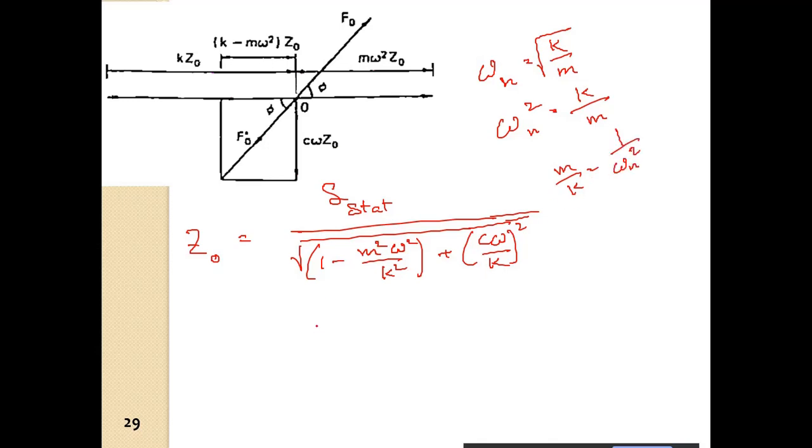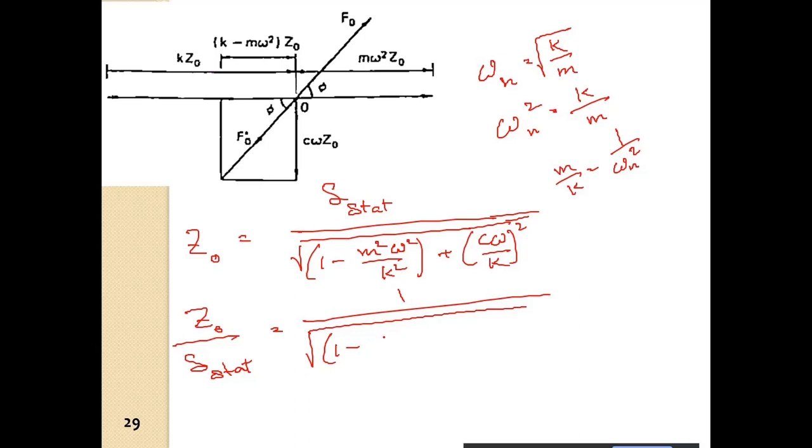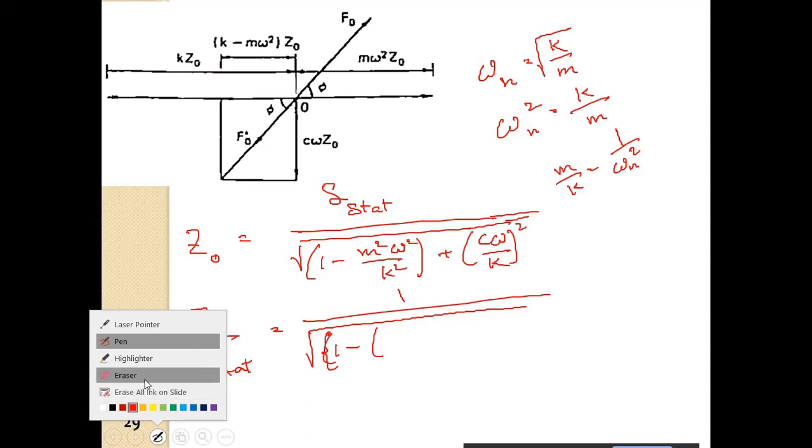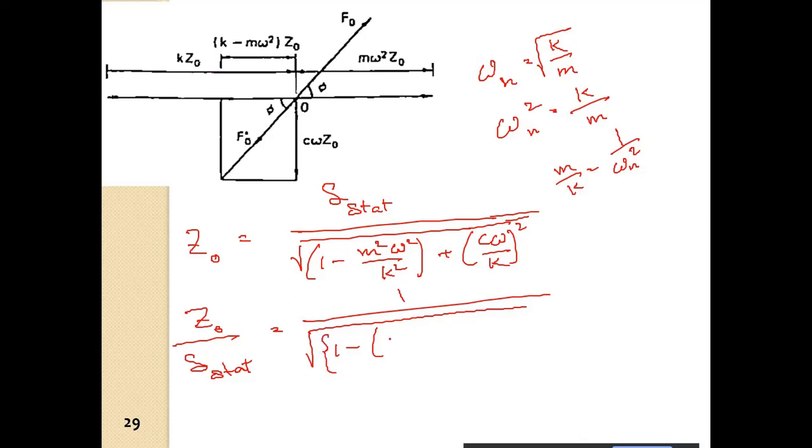That is what we will replace here, and delta static we will bring here. So Z naught by delta static is equal to 1 by root over 1 minus omega by omega n squared, all squared, plus c omega by k, squared.